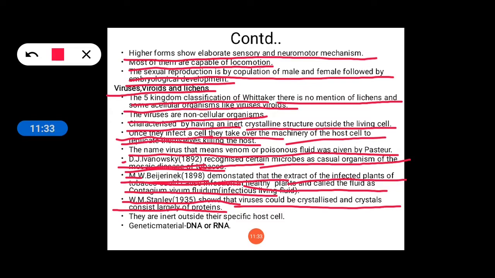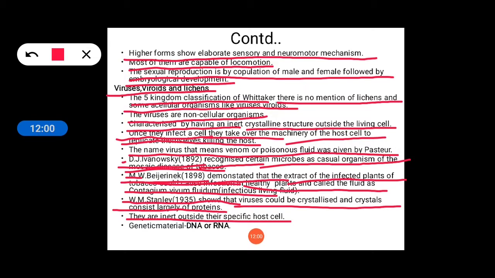Actually, chemically, viruses are nucleoproteins. They are inert outside their specific host cells. That means they can't reproduce or replicate themselves when they are outside of the host cell.